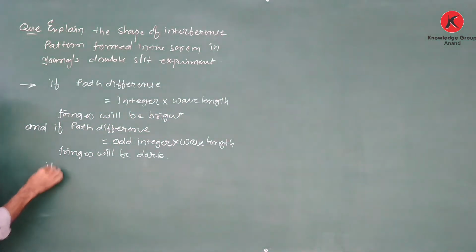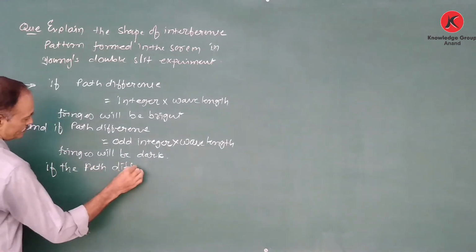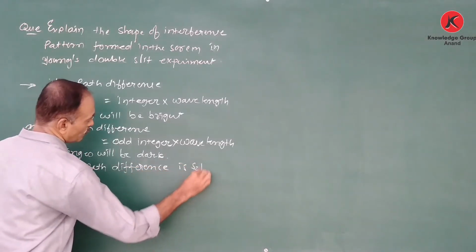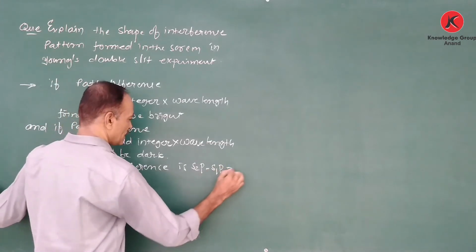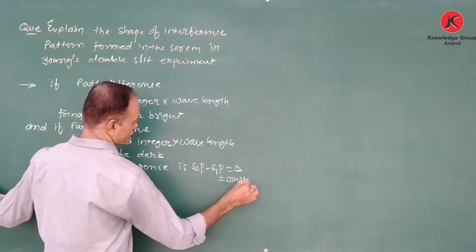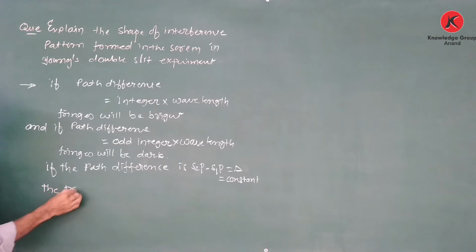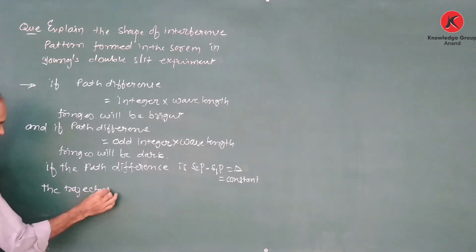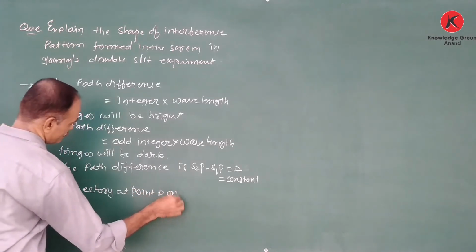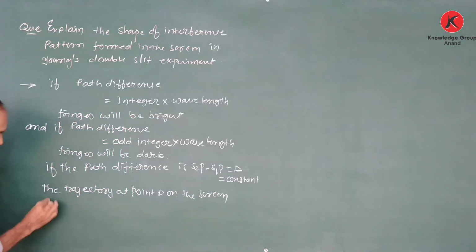If the path difference S2P minus S1P is equal to delta is equal to constant, the trajectory of point P on the screen is a hyperbola.